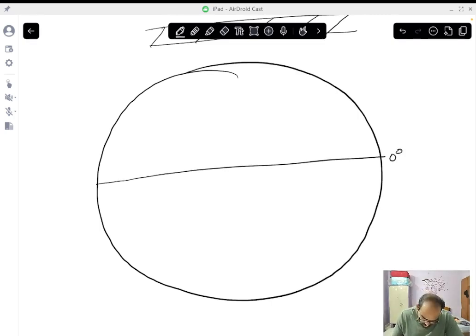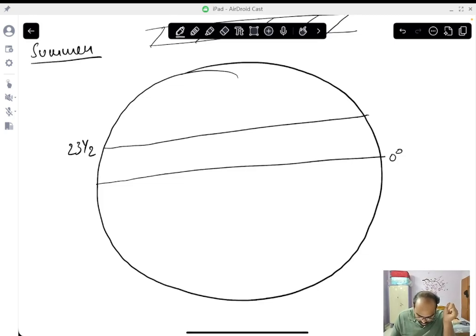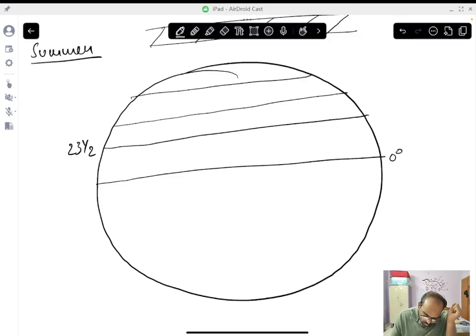Equator, it is ITCZ, that is 23 and a half degrees north. It is during summer, 23 and a half degrees north. Similarly, subtropical high pressures, subpolar low pressure, and polar high pressure, low pressure, high pressure.